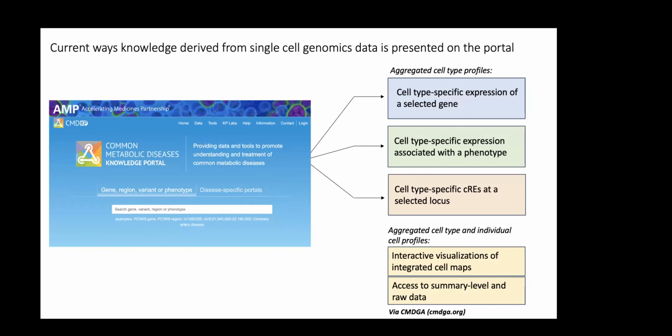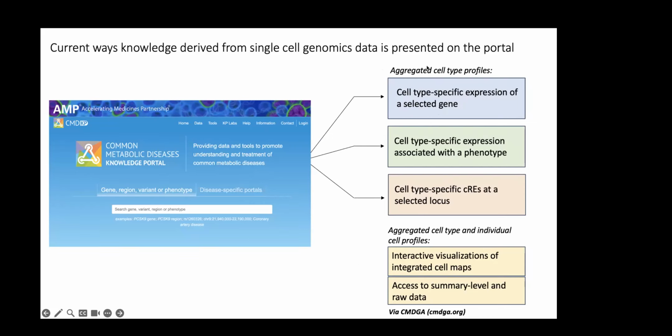Okay, so then I'll talk a bit about how some of this information is currently displayed in the portal, and then a bit about some ways moving forward that we can think about to enhance the way that these data are shown. There's a handful of ways at the moment that results of single cell assays are displayed in the portal.